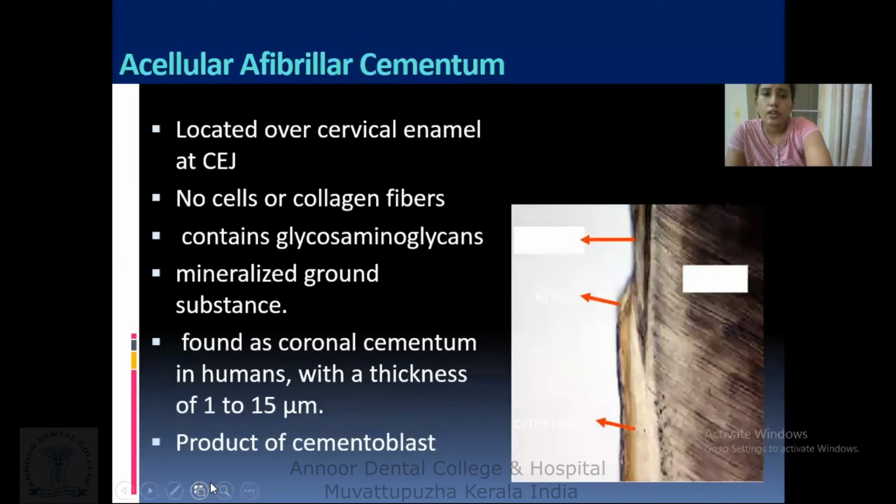As the name suggests, acellular, it does not have cells, and afibrillar, it does not have any collagen fibers. This is located over the cervical enamel at the CEJ, and it contains glycosaminoglycans and mineralized ground substance, and is found as coronal cementum in humans, and it is a product of the cementoblast.